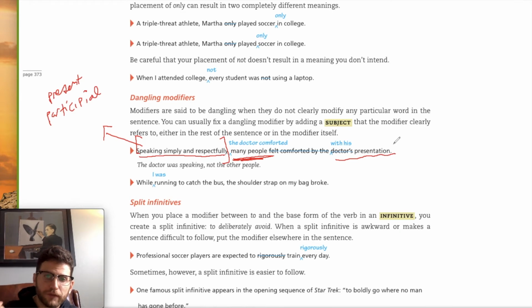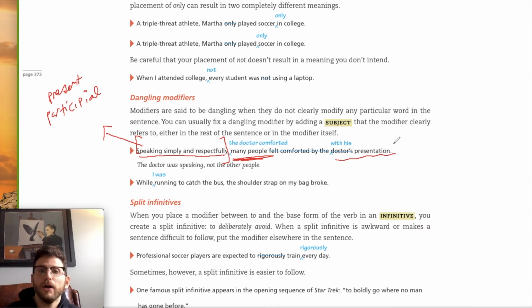Okay. So look at the way the book rewrote that sentence. Speaking simply and respectfully, the doctor comforted many people with his presentation. Okay, the doctor comforted many people with his presentation. Okay.